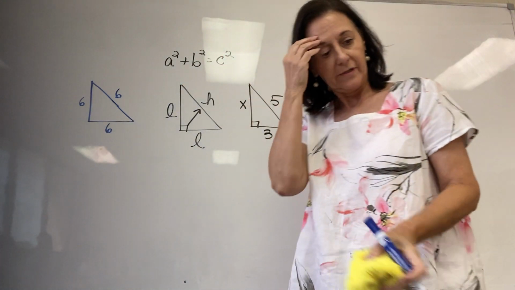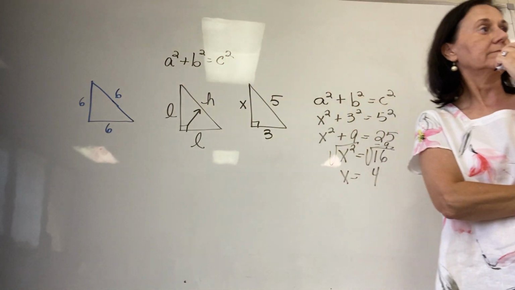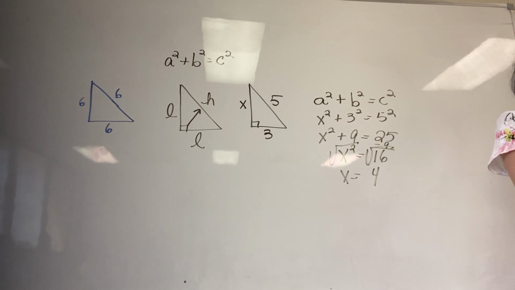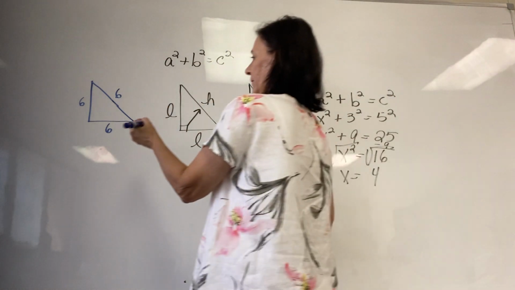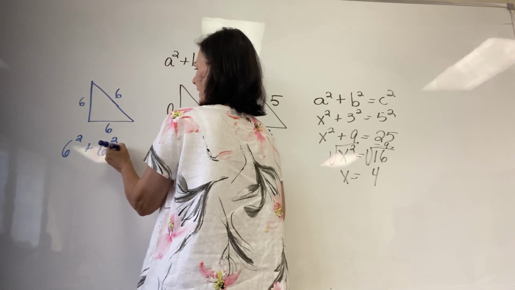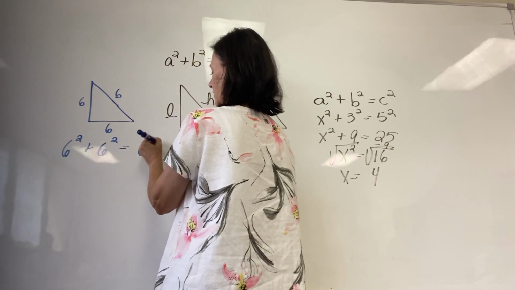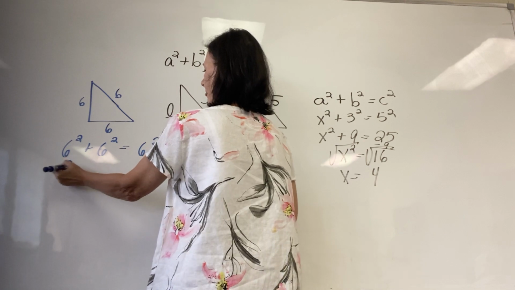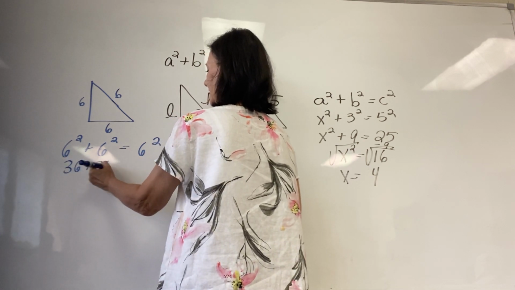And I asked you, is that a right triangle? Okay, let's prove it. It would have to be 6 squared plus 6 squared equals 6 squared. 6 squared is 36.